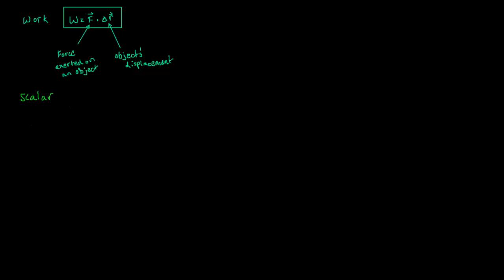Maybe it's been a while since you've worked with vectors, so let's build up an idea of what I mean by a displacement, or how I define it. I'm going to draw my axes here: X, Y, and Z. I'm going to say that our object starts at some spot, some vector X, Y, Z, and it ends here.